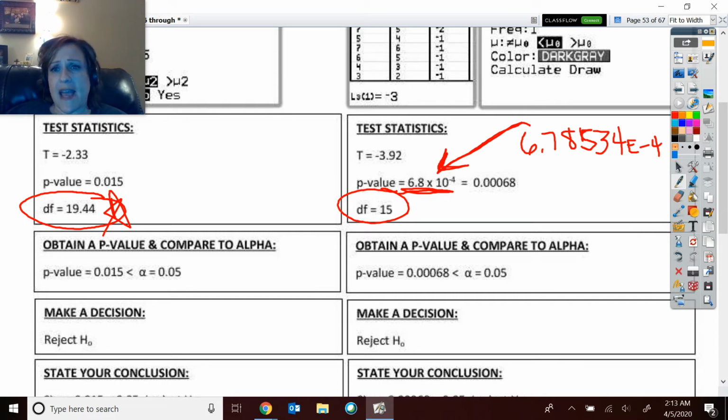When people glance at that, a lot of times they'll just see 6.8 and put 6.8 and go on from there. But 6.8 should make you freak out a little bit. 6.8 means 680% chance of getting that sample or something more extreme if there is no difference. You can't have a 680% chance of something. So look at the end of the line, and that was times 10 to the -4th.